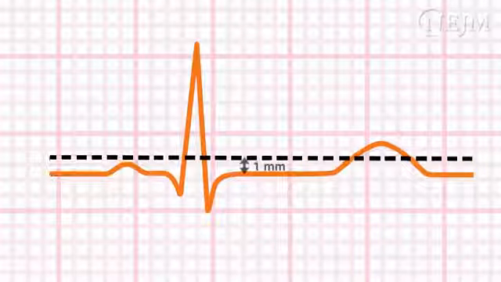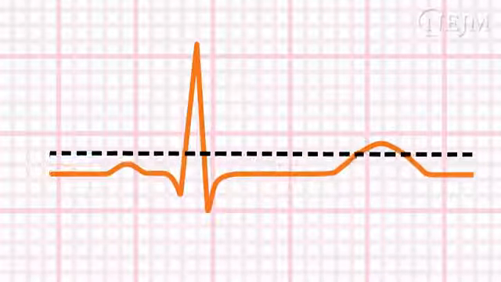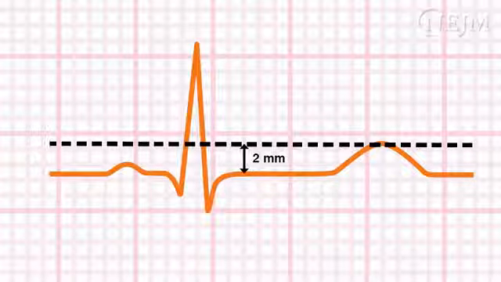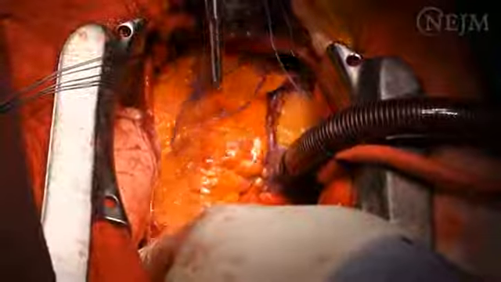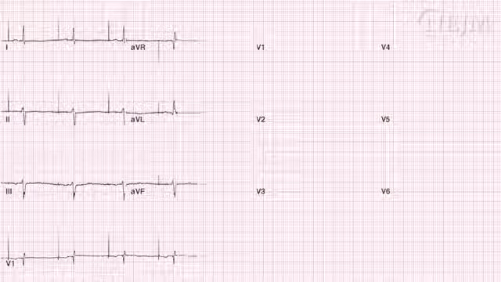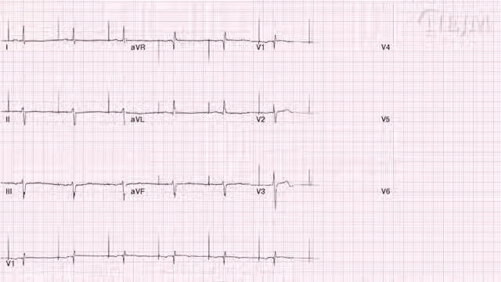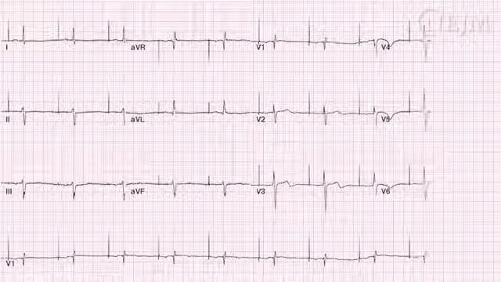A setting of 1 millimeter is appropriate for patients at high risk for ischemia, and a setting of 2 millimeters is appropriate for more stable patients. For patients with a pacemaker, you may need to select settings specific to the pacemaker to decrease the possibility of counting pacemaker artifacts as QRS complexes.